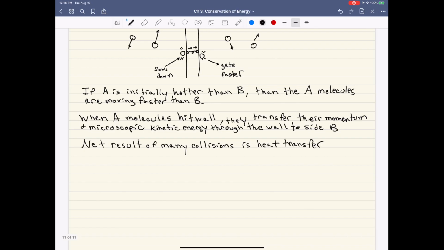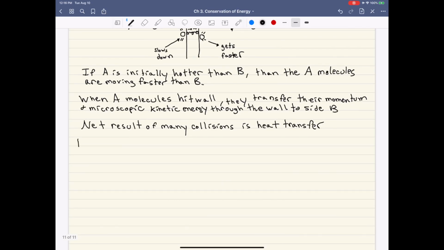And so in general, when you think of heat transfer, at least from a molecular perspective, heat transfer is just going to be due to random microscopic work done by molecules of one system on another.